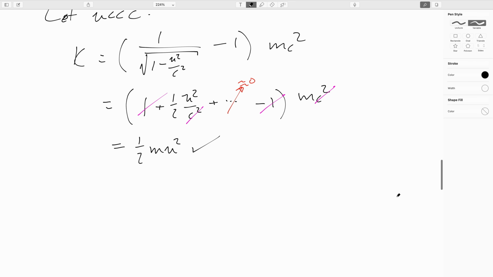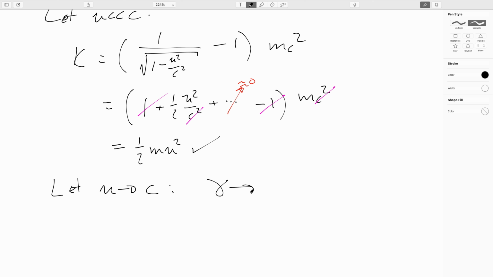Now, let's think about what happens as we approach the speed of light. If we let u approach the speed of light, we've already seen that this means that gamma is going to approach infinity. And since K is equal to gamma minus 1 times m c squared, when gamma goes to infinity, this is just going to go to infinity.